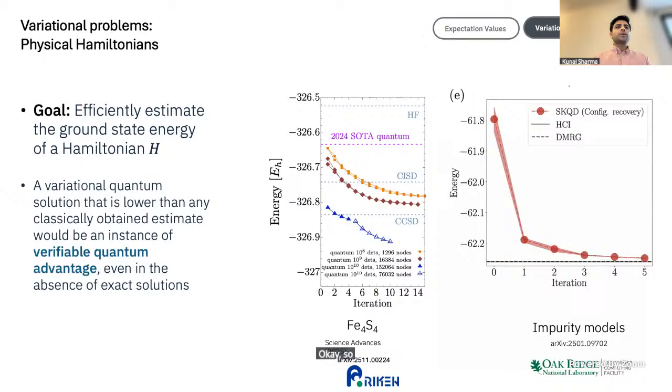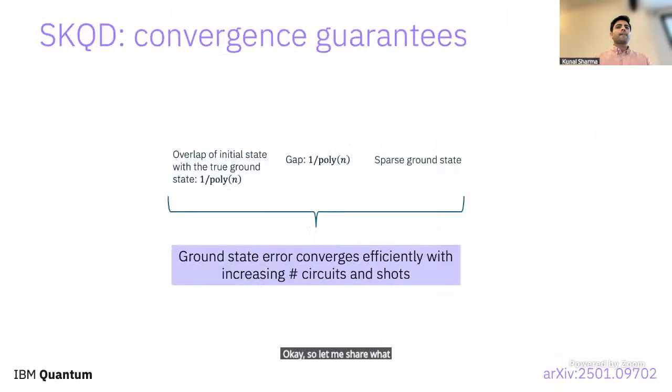Okay, so let me share how we are approaching the problem now. Remember, we had these three assumptions. Now I can start from a different problem. Maybe I don't look at physical Hamiltonians. I just want to come up with a Hamiltonian where all these assumptions are satisfied.